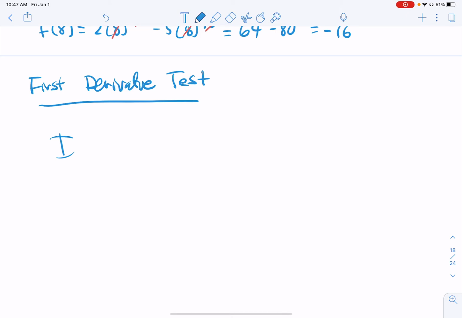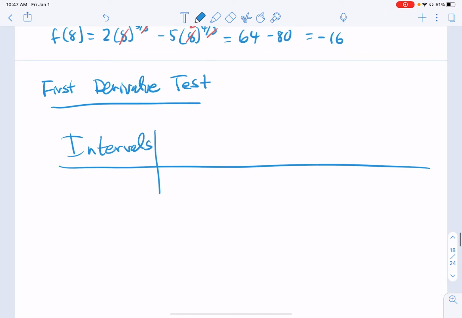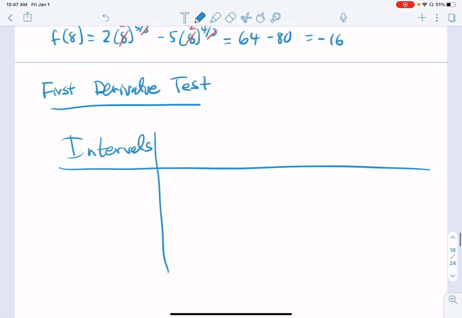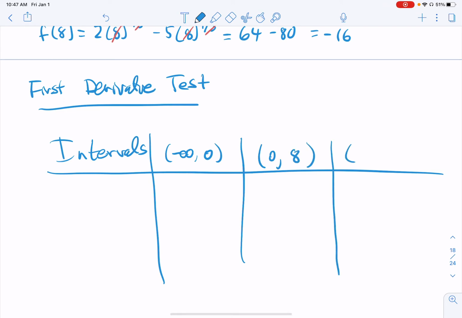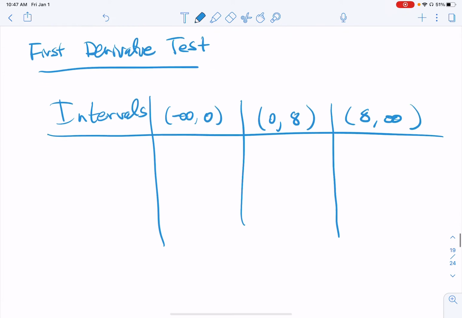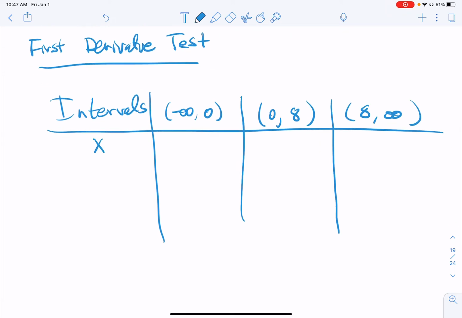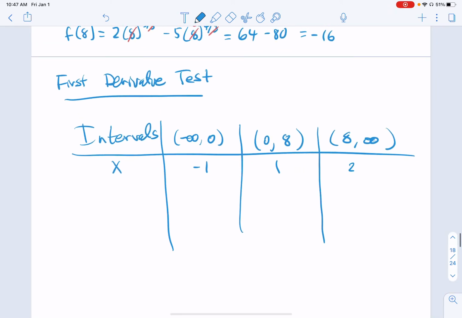These intervals are going to break up all real numbers, broken up over 0, and then from 0 to 8, and then from 8 to infinity. We need some test values. From negative infinity to 0, I'm actually going to choose -1. That makes sense. And then a 1 here, and then a 27 here.